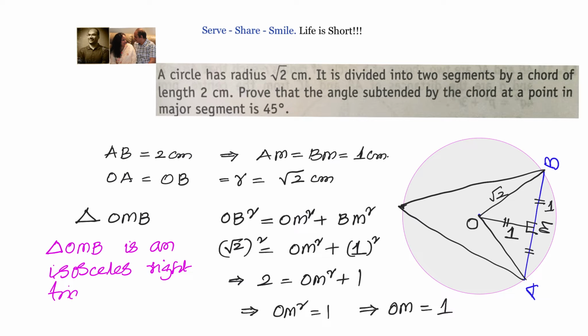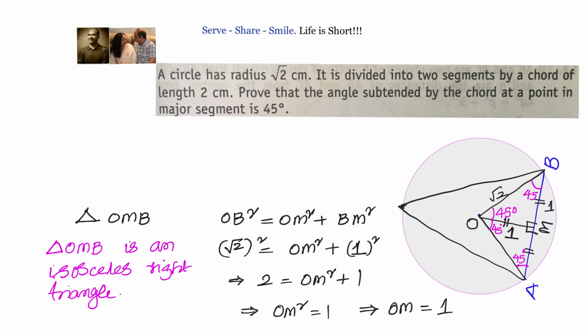If it is an isosceles right triangle, then what happens? Base angles are equal. So this angle will be 45 degrees. This angle also will be equal to 45 degrees. Similarly, this will be 45 degrees and this angle is also equal to 45 degrees.